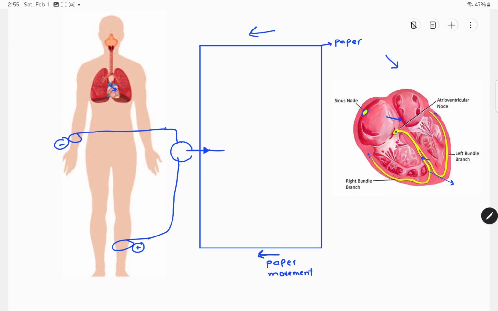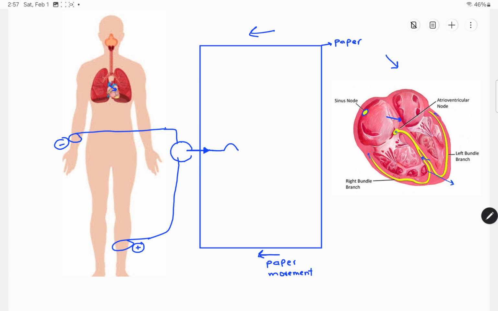As we have studied earlier, when the positive vector is moving towards the positive electrode, there will be a positive deflection. As the atria is a slow conductor, the velocity of the pin of the galvanometer will not be very fast, so it will be like this. Now this will be the electrical activity of the atria.